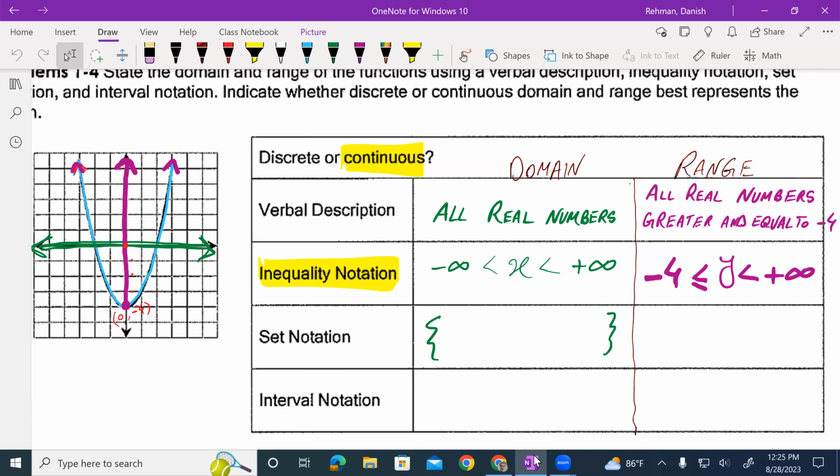I'm using the curly brackets for the domain, and domain is always related to x. So we should write here an x. And after the x, I will mention the two dots.